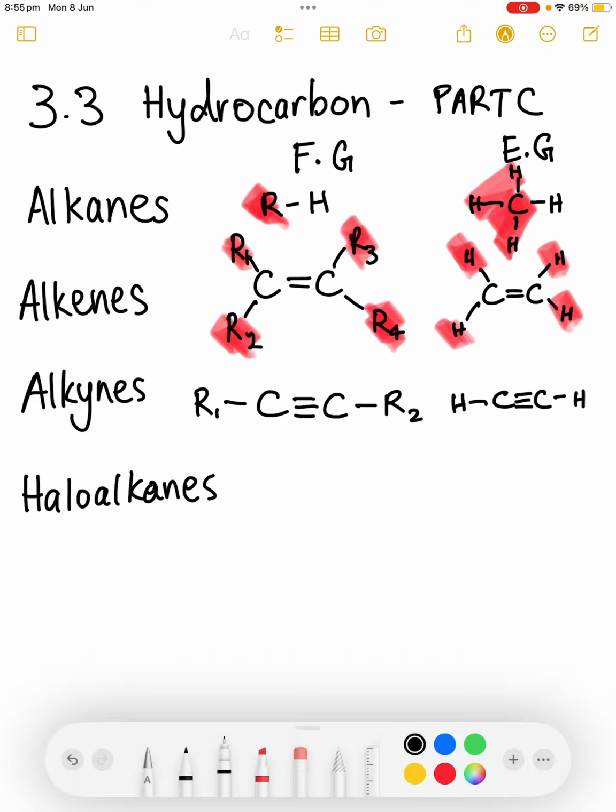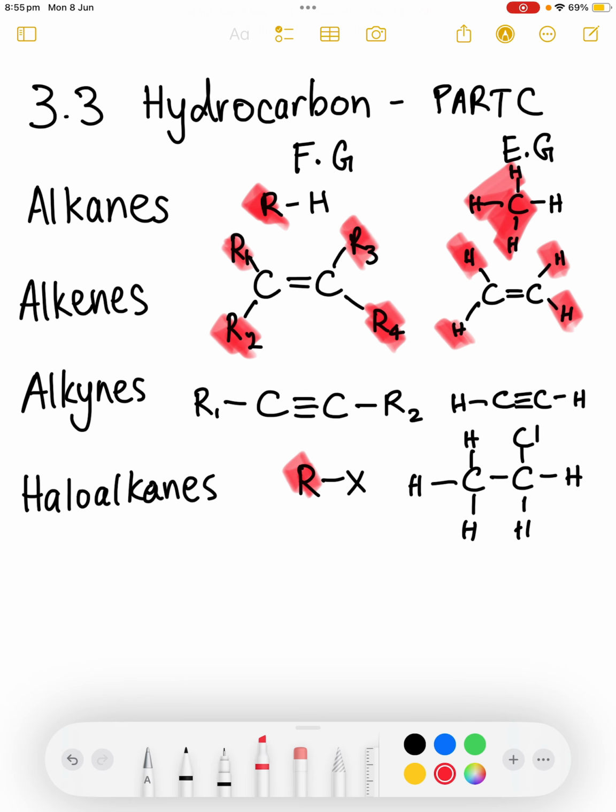Now then, haloalkanes, we've got an R group, and we've got the X. Now the X is your halogen. So I'll provide an example here where there's C, C, H, H, H, H, H, and we're going to go Cl up here.